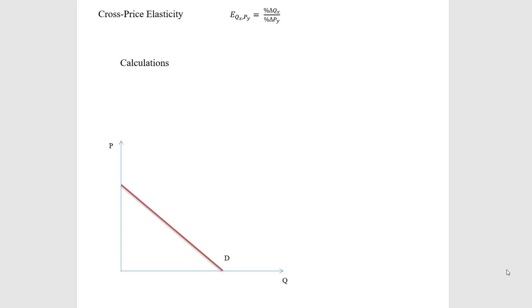The cross-price elasticity of demand is how responsive is the change in quantity demanded for one good when the price of another good changes. So this concept of cross-price means between two goods. If that cross-price elasticity is negative, those two goods are complements.